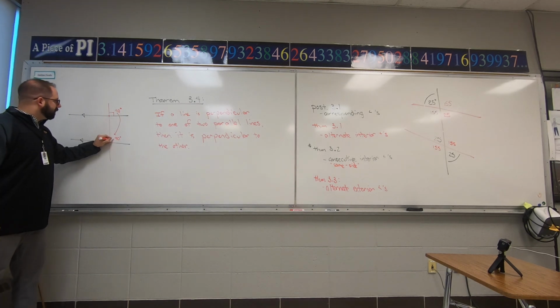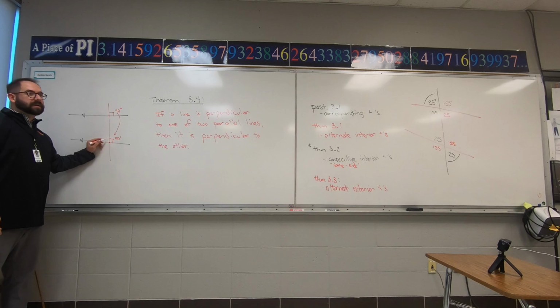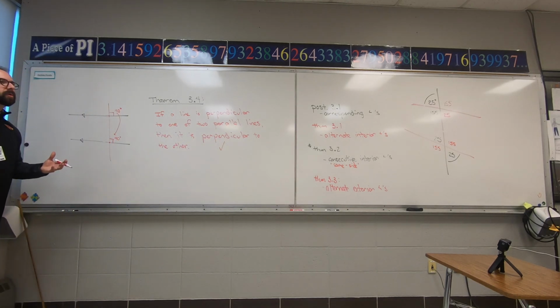Perpendicular. So I can put the little arrow, and that proves the whole thing, right? Just the simple fact that the 90 can hop down because of corresponding makes this a 90-degree angle, which makes it perpendicular, which proves what I'm trying to show. I know it's super easy, I understand.